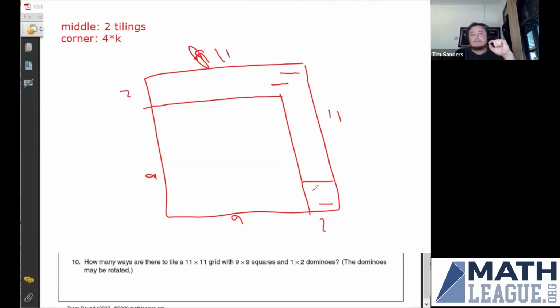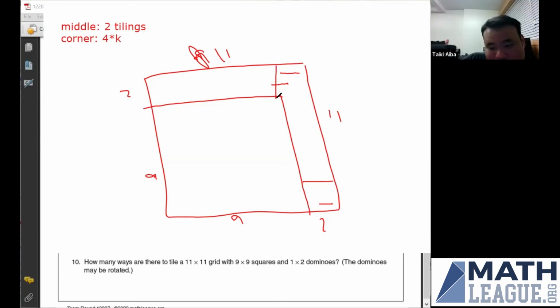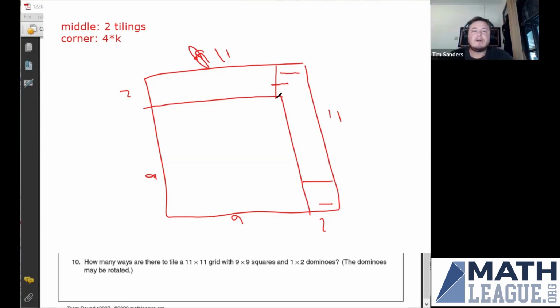So if I can't have that, then I effectively seal off this section. Right. So now I have a 2 by 9 section and a 2 by 11 section.